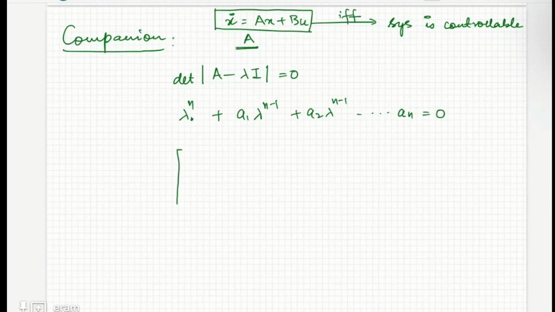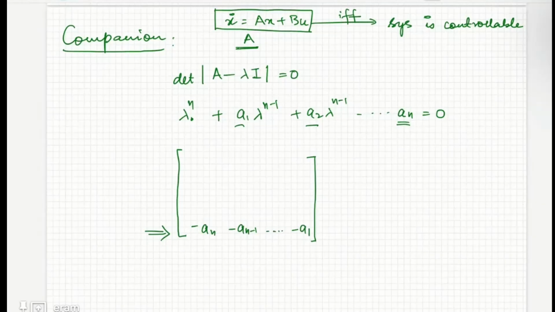Then the companion form will look like this: minus an, minus a(n-1), up to minus a1. So these coefficients will appear in the last row of the companion form, and the first will be 1, 0, and after that we will have a diagonal of 1, and all other elements as 0.